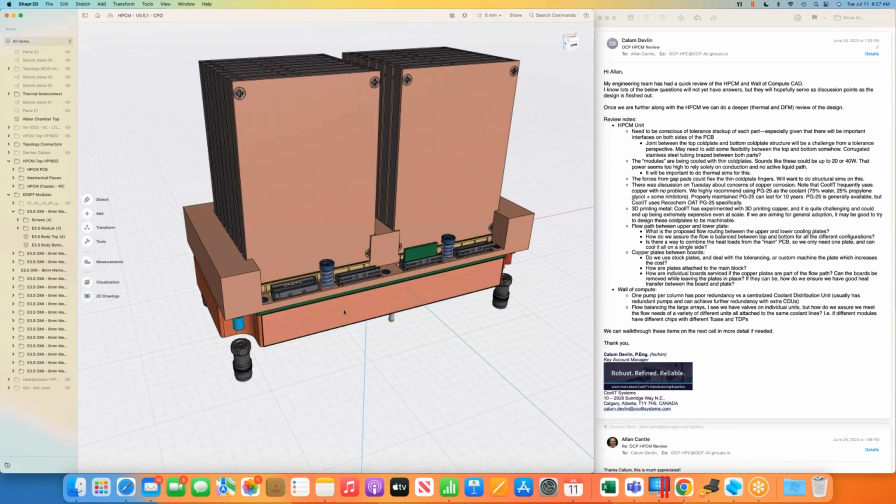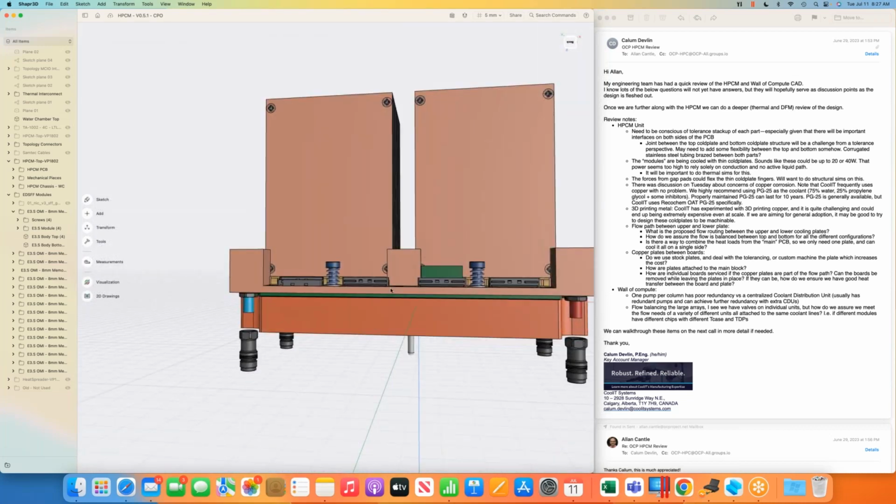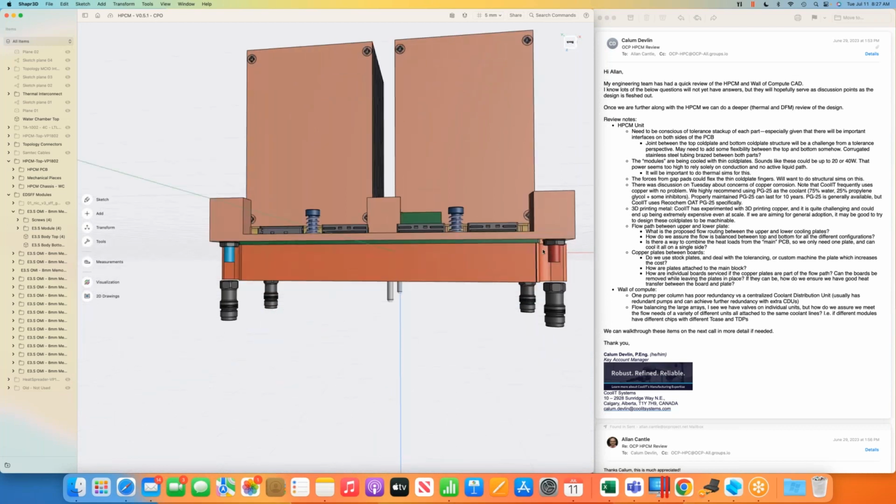And the module itself is 165 millimeters long, or 6 inches, like the OAM, or including the cooling infrastructure, it's 200 millimeters wide.